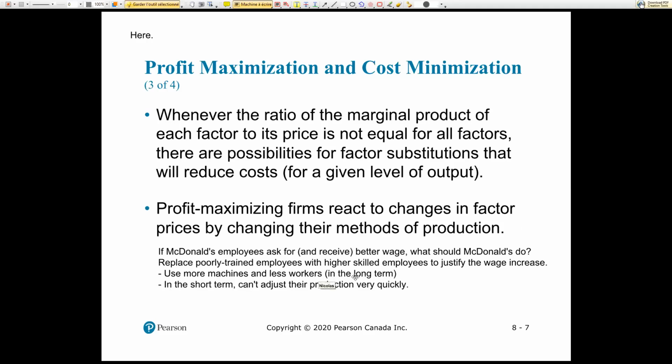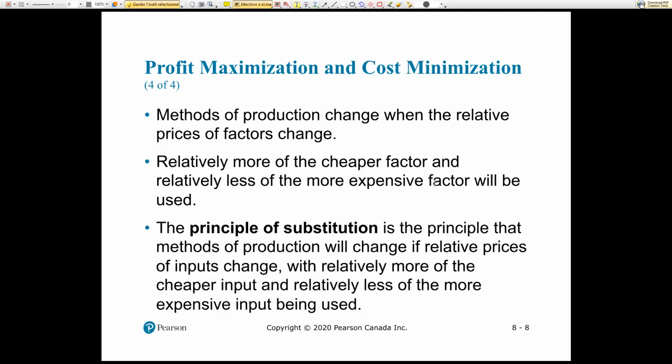Because to remind ourselves that we're specifically in chapter 8, in the long run. So that's when we are able to make these long-term adjustments, like use more machines, for instance. Yeah, so the principle of substitution is that the methods of production change when the relative prices change. So this is also saying the same thing.